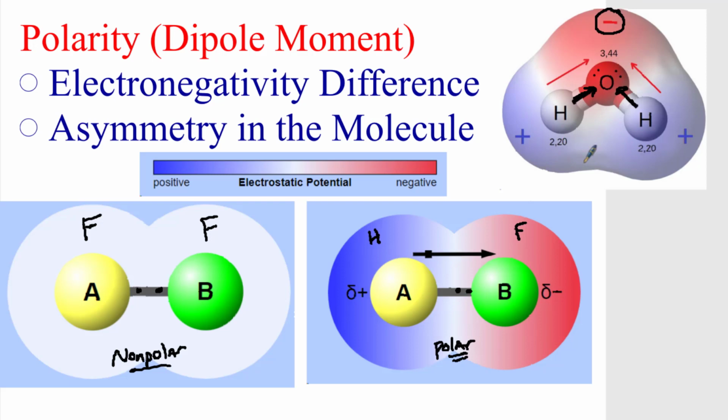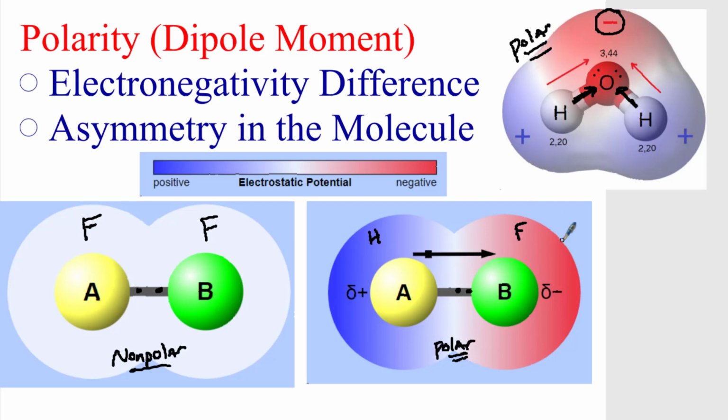The hydrogen side of the molecule will have positive dipole moment. And since this molecule is what we call asymmetric, it is not symmetric. If water was linear in shape, these dipole moments would cancel out. There would not be a positive north side and a negative south side. You can see there is a negative dipole moment on one side of the molecule and a positive on the other, which means this molecule is polar.